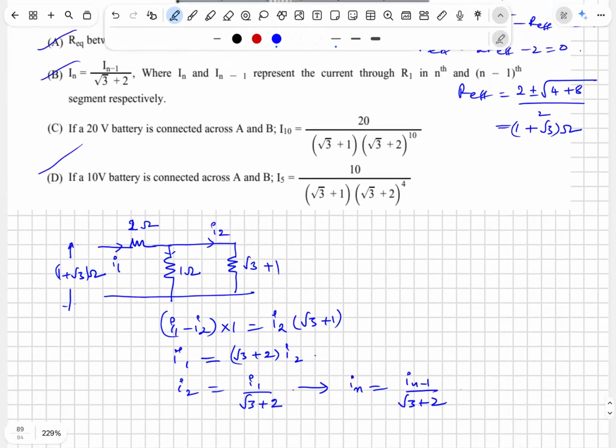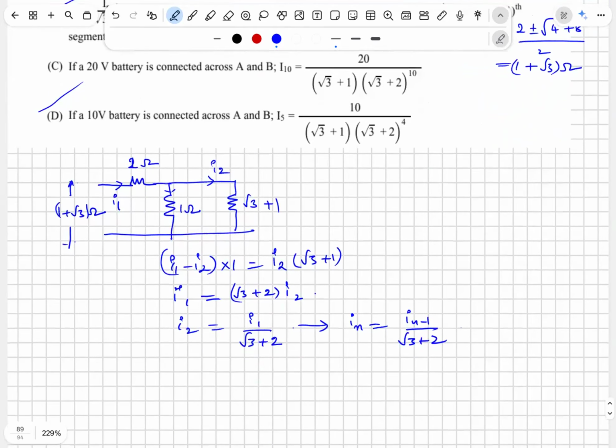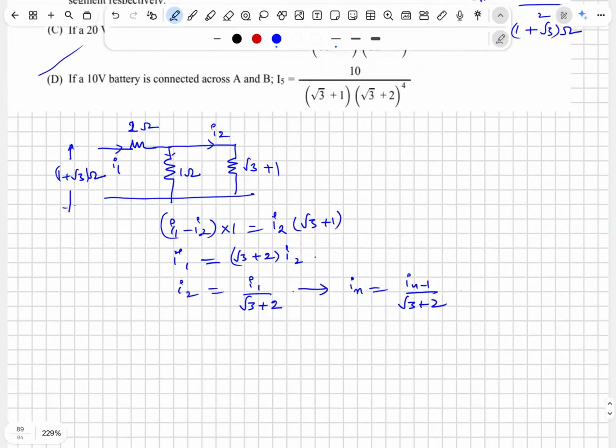If a 10 volt battery is connected across A and B, what is I5? Hold on here. Now you can write I3 as I2 by root 3 plus 2. Yes or no?